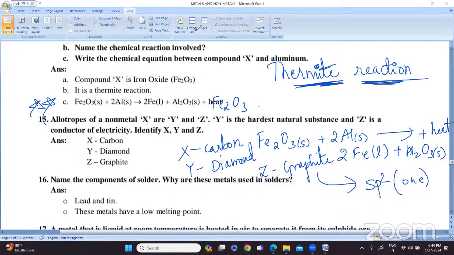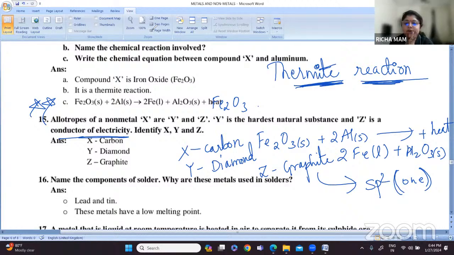This one unpaired electron will be responsible for its conduction of electricity. Fine. So these are the allotropes.